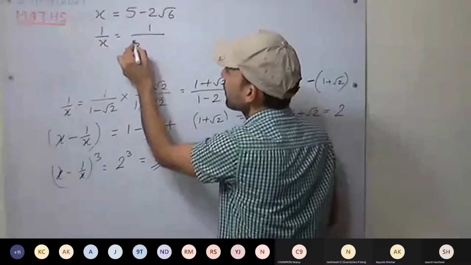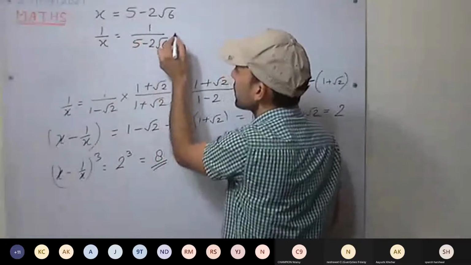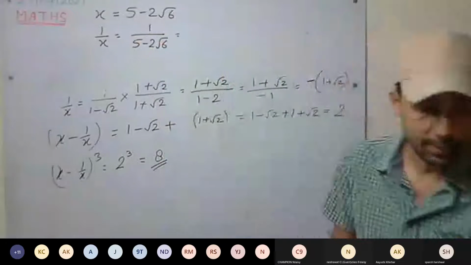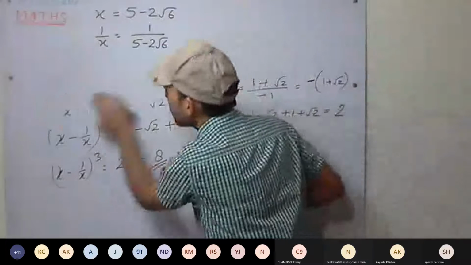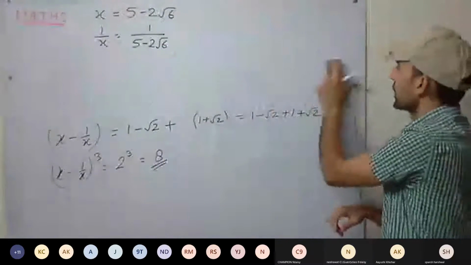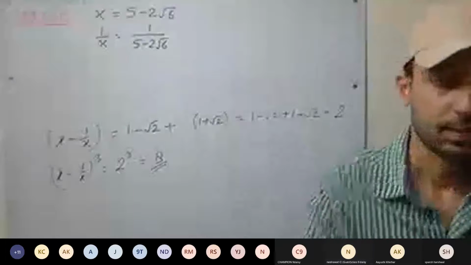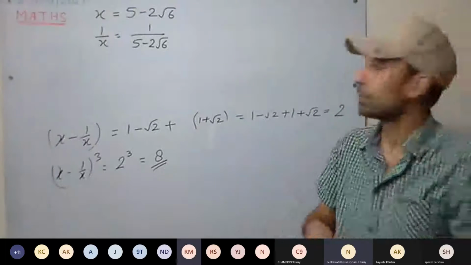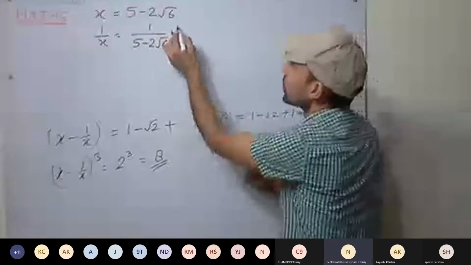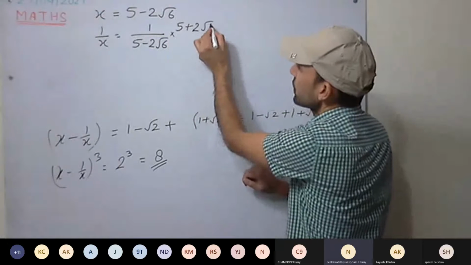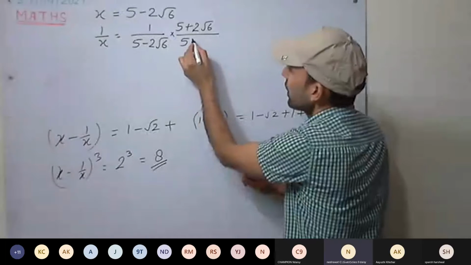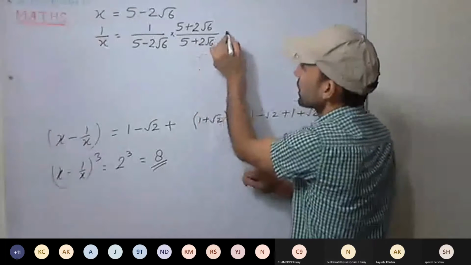1 upon 5 minus 2 root 6. And we have to rationalize it. So what should it be multiplied with? Sir, 5 plus 2 root 6. So numerator will multiply 5 plus 2 root 6 divided by 5 plus 2 root 6.